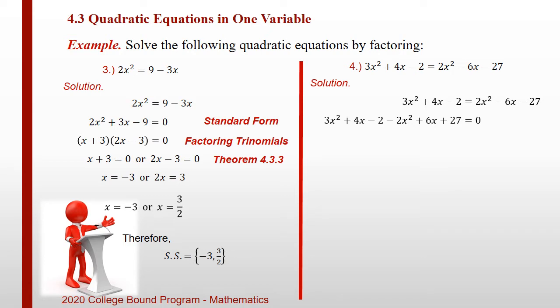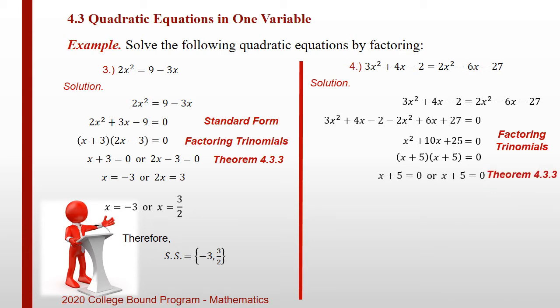For instance, 3x squared minus 2x squared gives x squared. 4x plus 6x is 10x, and negative 2 plus 27 is 25. This resulting equation can be written as (x plus 5) times (x plus 5) equals 0. Using the zero factor theorem and then solving for x results in the following.